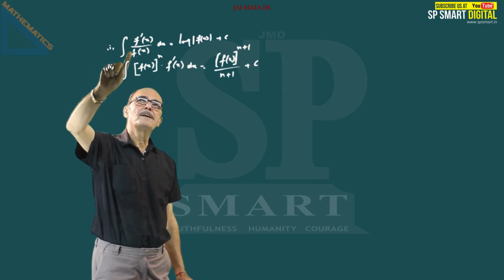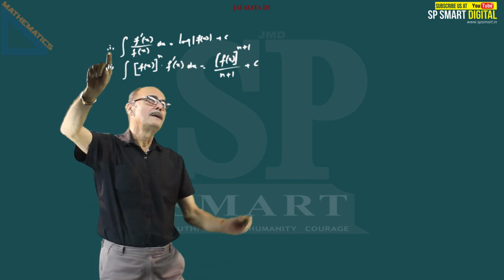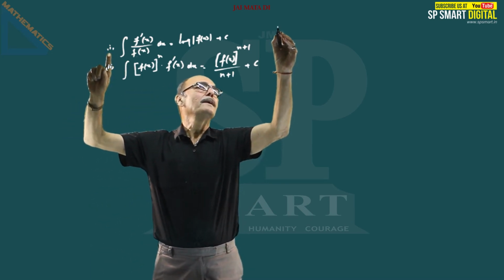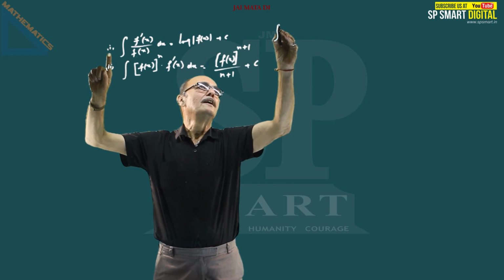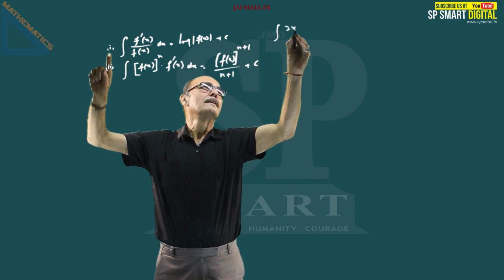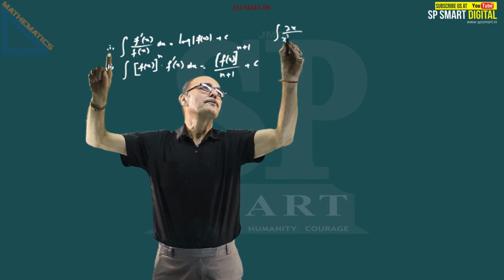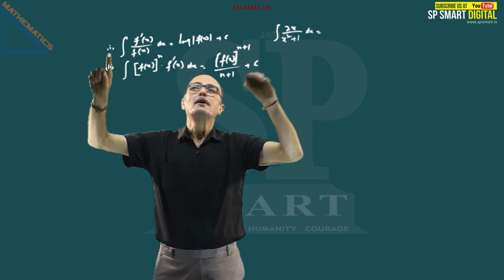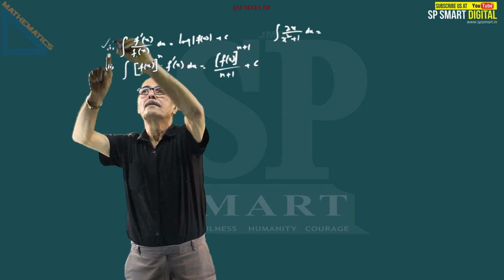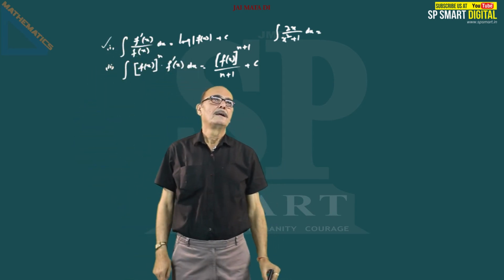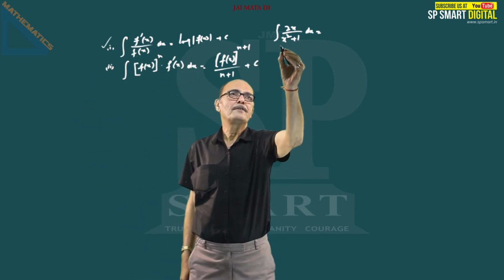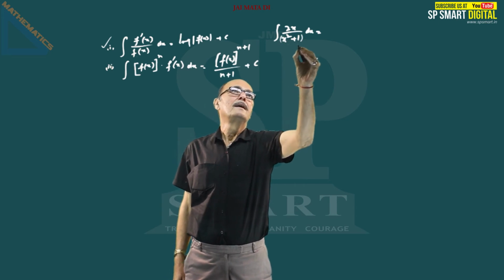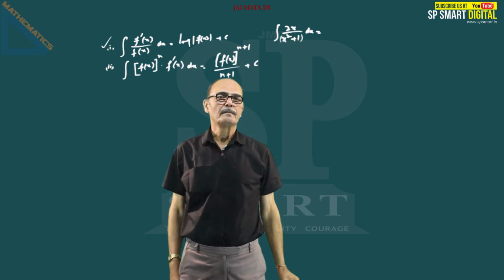For instance, I want to use the first formula, so I can write it as integral 2x upon x square plus 1. It is a very simple problem I am discussing, how to use this first formula. Now, derivative of x square plus 1 is 2x.